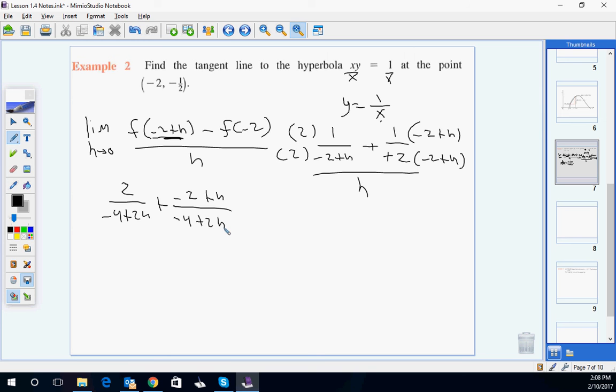Yeah, the 2 does, right? Okay, so that's what it is combined. And remember, don't forget this whole thing's over h, which is helpful because where does that h go? It just goes right here, right? And so that means essentially it's going to cancel that one. So it's going to be this.